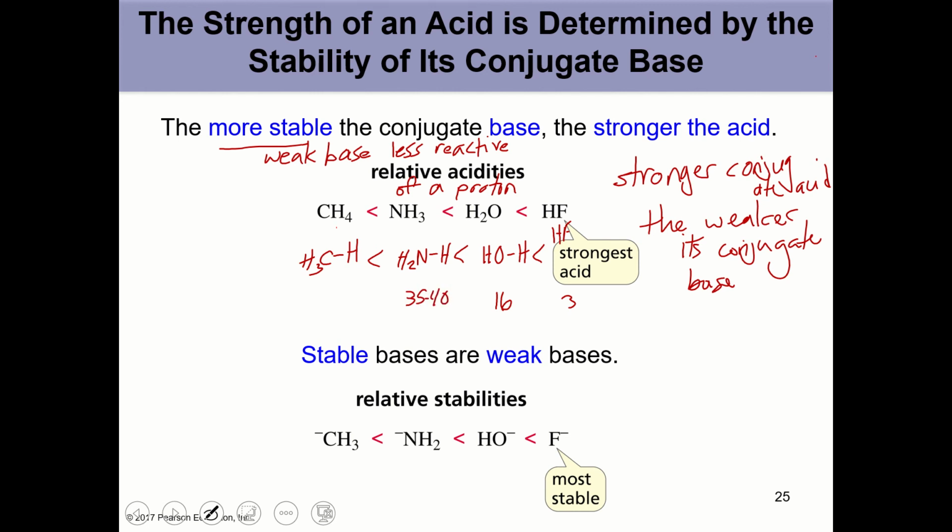And then an alkane, which has a pKa of greater than 60.